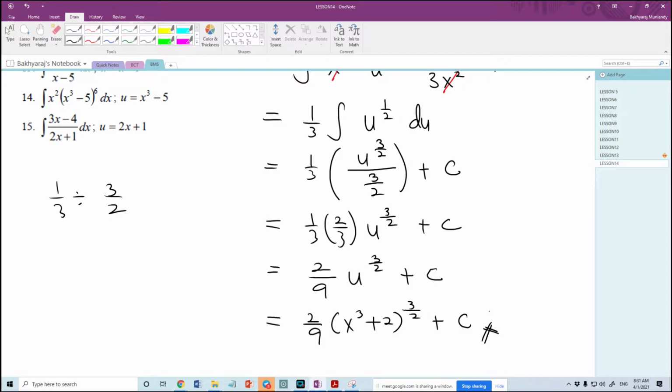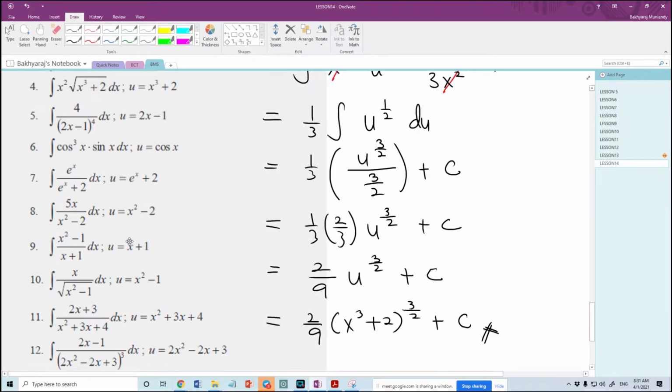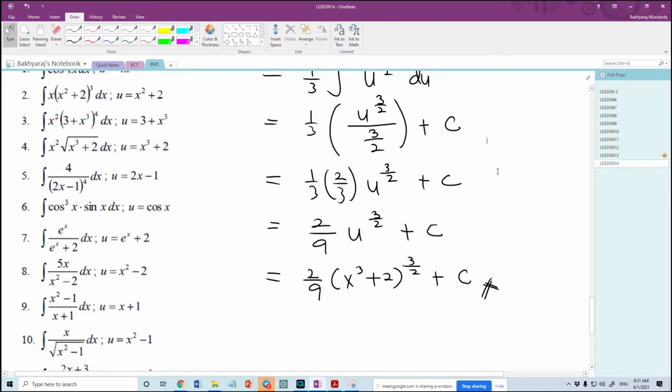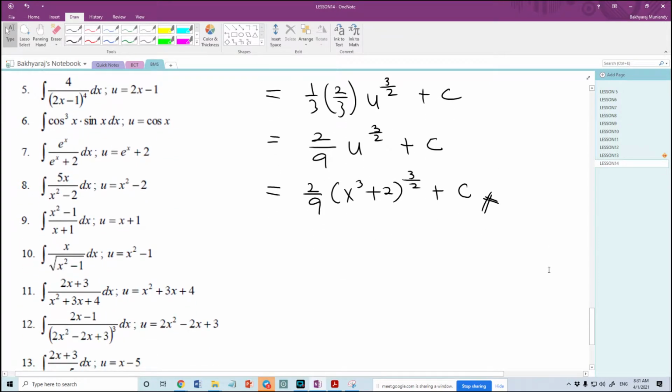Okay, next we proceed for number 5. Number 5 will be integrate 4 over 2x minus 1 power of 4 dx.